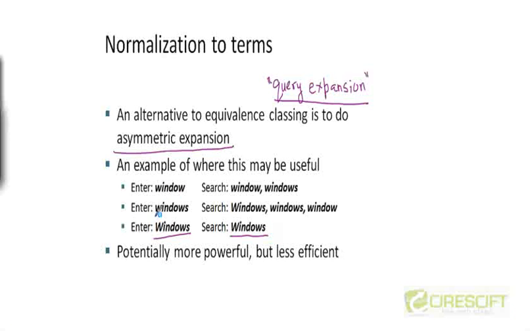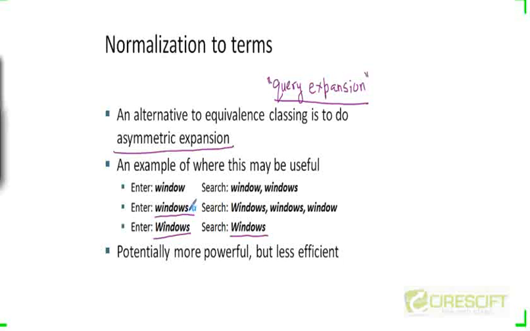But if the user had entered windows in small letters, it's possible that the user could have been looking for the Windows operating system, or looking for window repair in some way, or buying windows for his or her new home. So windows could mean either of those meanings.